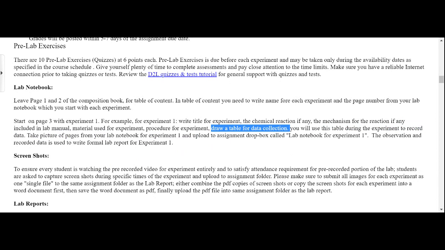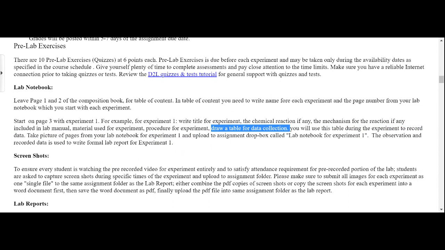So in the table, when you create your table, columns and rows, you would label it initial temperature for melting, final temperature for melting, or if you're measuring mass, then it says mass of the reactant or mass of the product. Sometimes it says mass of empty container, and then mass of the container plus the product.